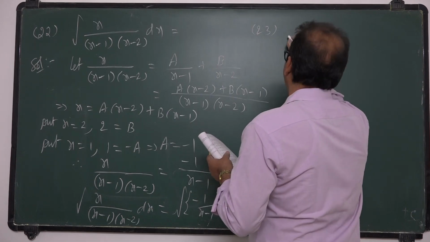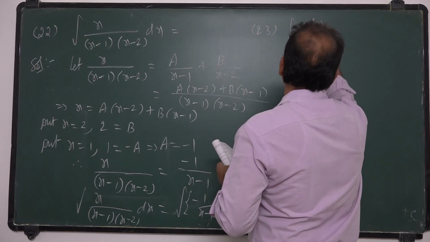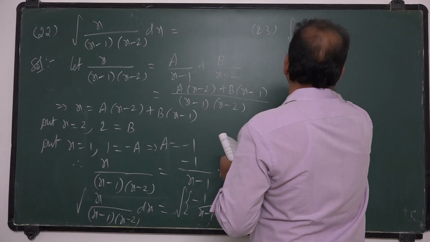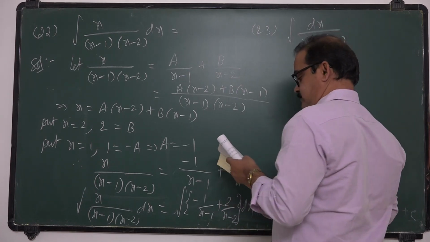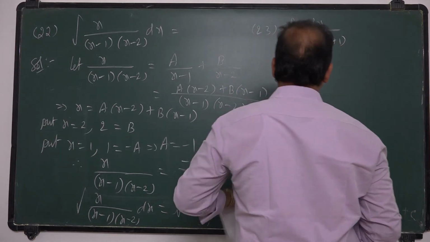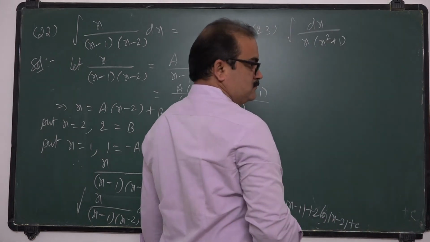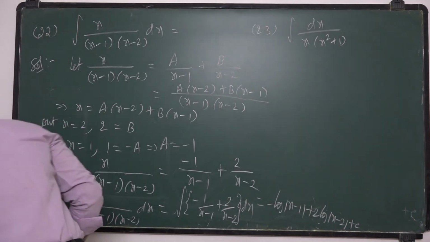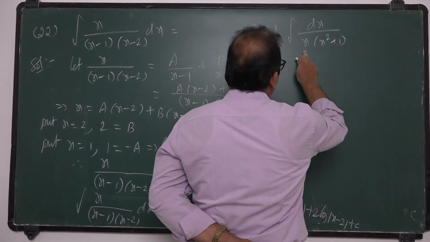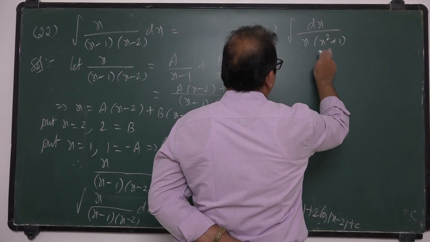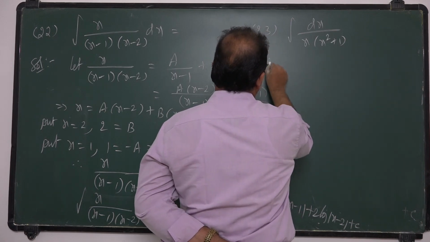Problem 23: integral of dx by x into x square plus 1. Split this into sum of partial fractions.